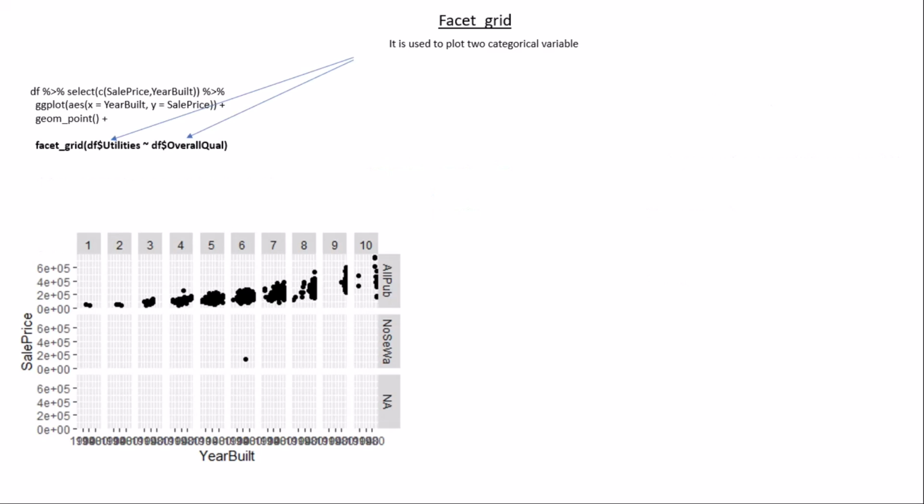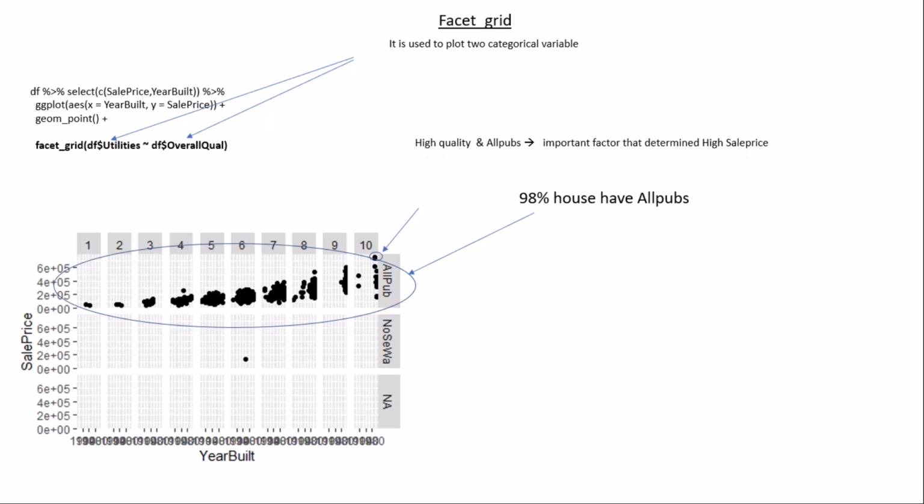As you can see in the graph, 90% of houses have all the facilities, and our hypothesis is correct because this point shows high quality, the number is 10, and AllPub means all the facilities are available. This information is very useful for predicting the sale price. Like that you can analyze the variables.